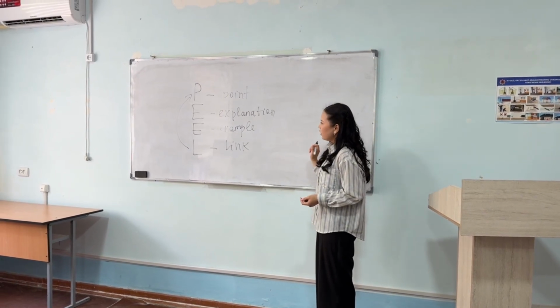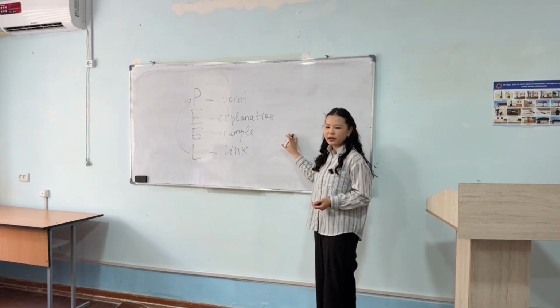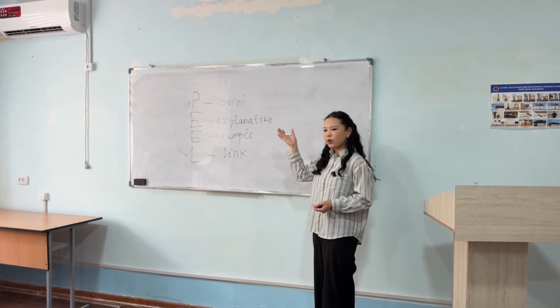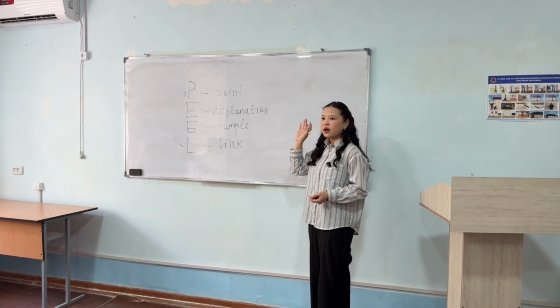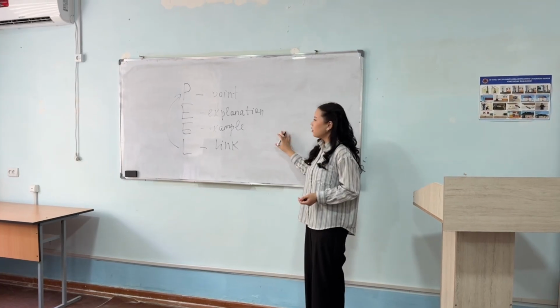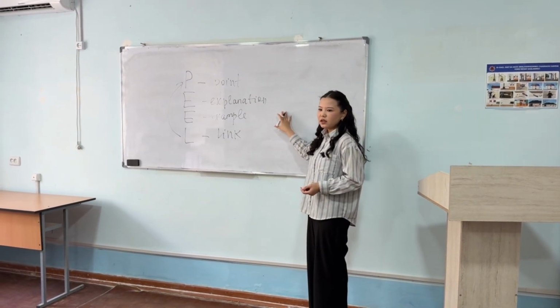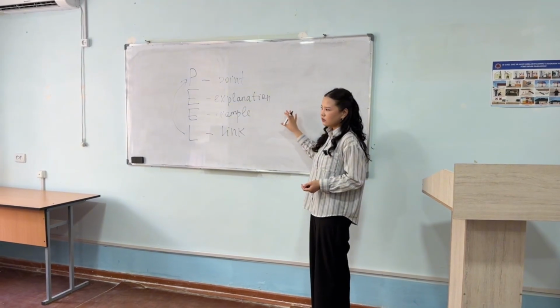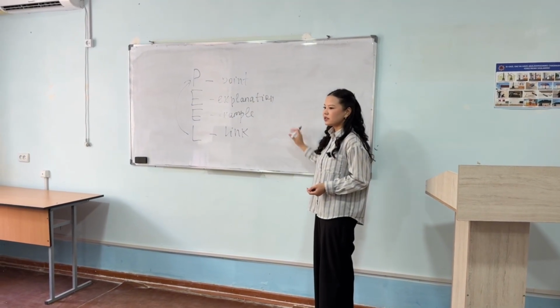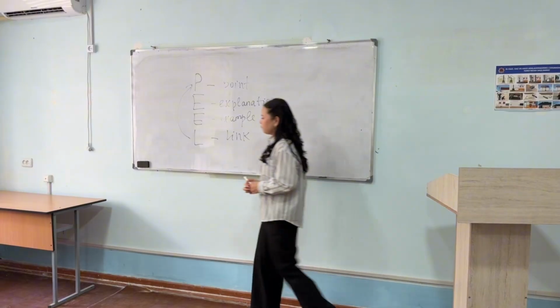That's why let's write one body paragraph for our previous topic, the one we wrote the introduction for. So now we will write using this structure, PEEL, and see how the paragraphs will be written. Let's continue, okay?